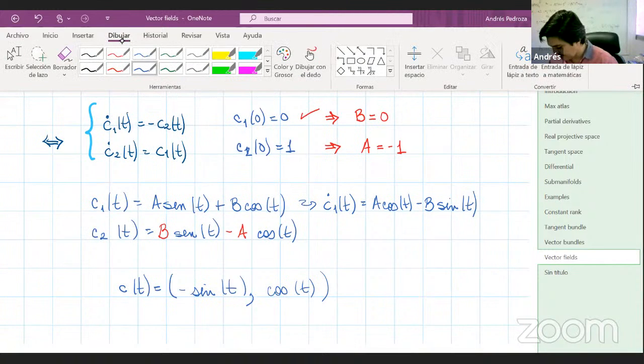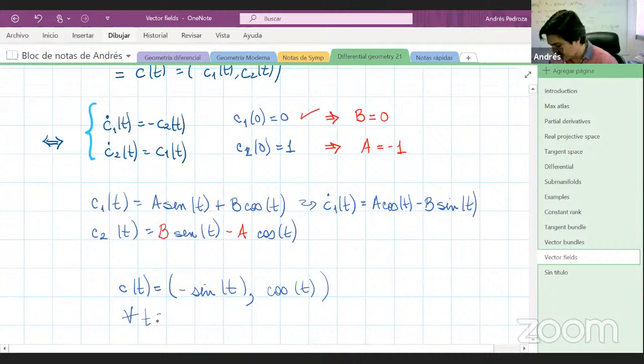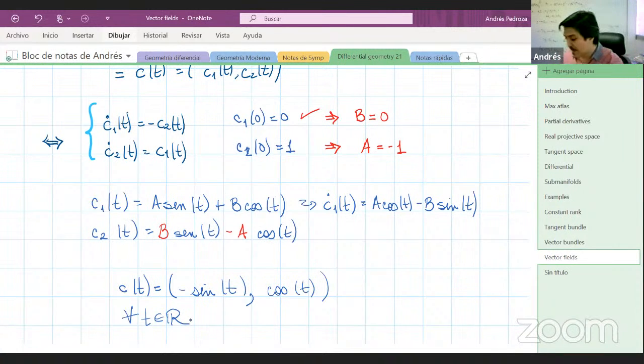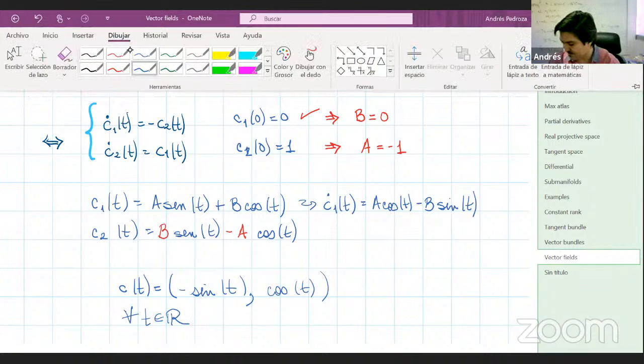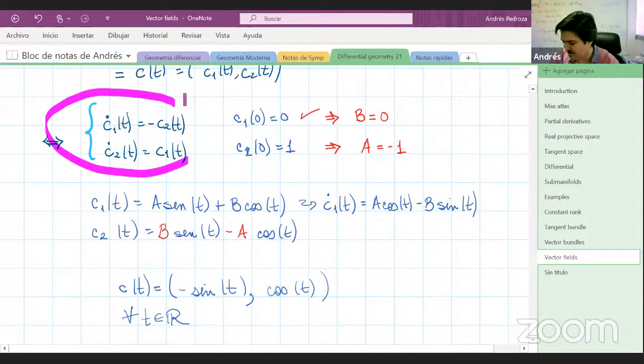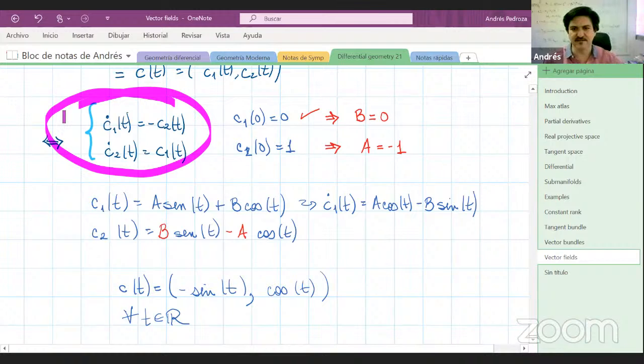And this is for all real numbers. You're going in circles more than once, and there you have it. Now, just to make this comment here, if you don't remember, the whole idea is to take the second derivative, then C double dot will be equal to minus C1.